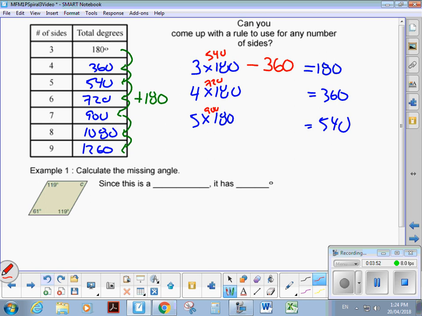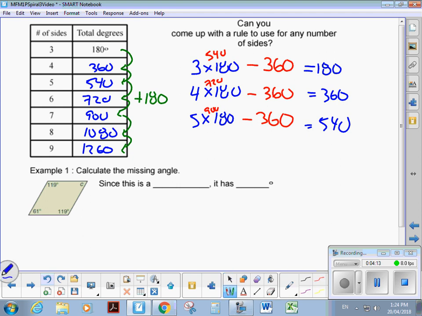All right, so let's see if this works. So on my calculator, 4 times 180 is 720. If I subtract 360, we get 360. 5 times 180, so now I have 900 minus 360, and that turns out to be 540. So I've figured out my pattern or my rule.